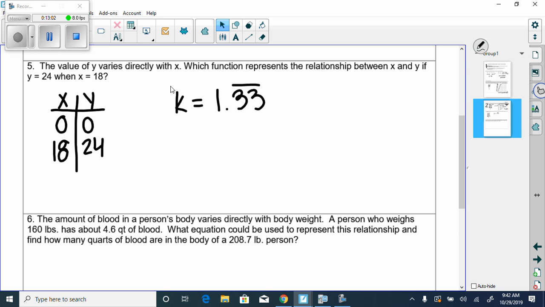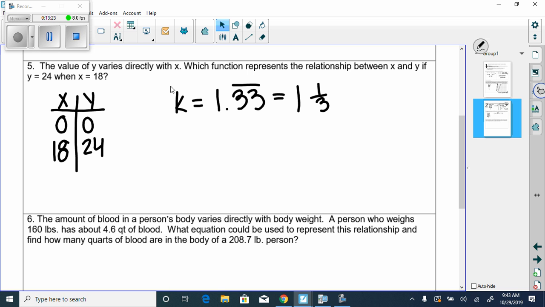So how could I rewrite 1.3 repeating as a fraction? It would be 1 and 1 over 3.